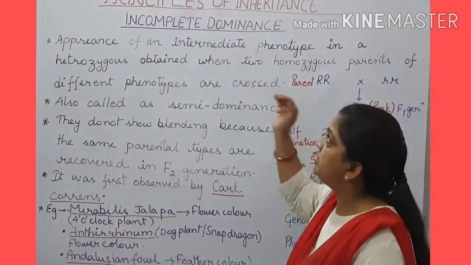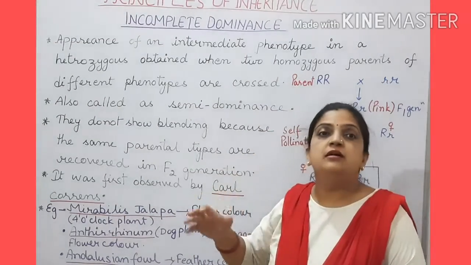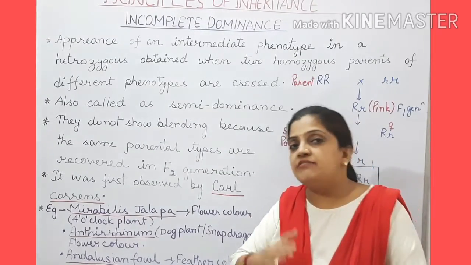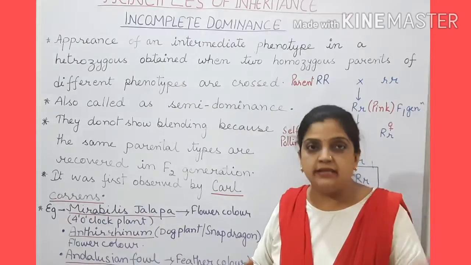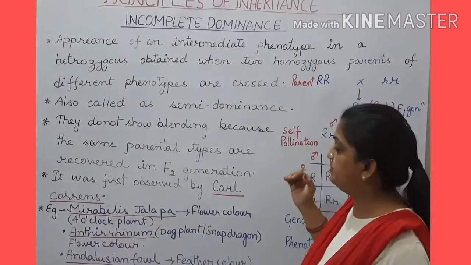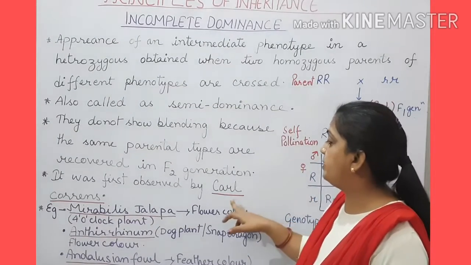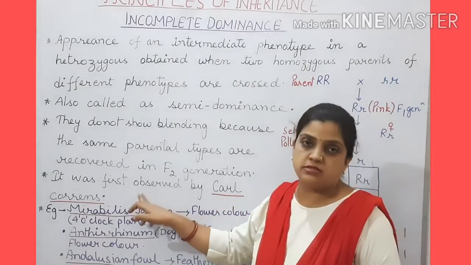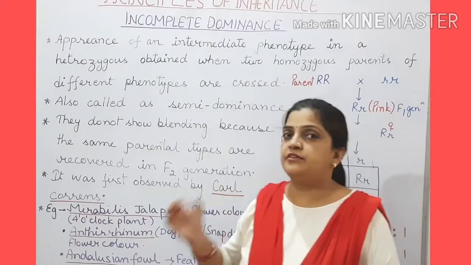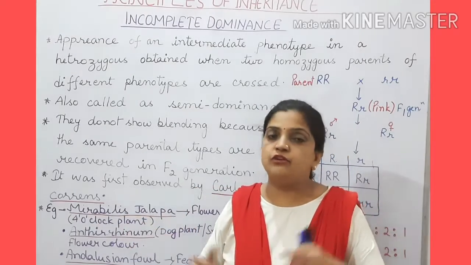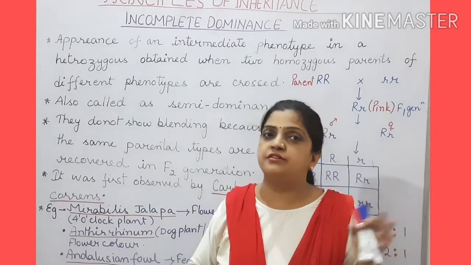But incomplete dominance is an experiment which deviates, an exception to Mendel's experiment. This was performed by a scientist called Carl Correns, and he observed that the result in the F1 generation deviated from Mendel's F1 generation.